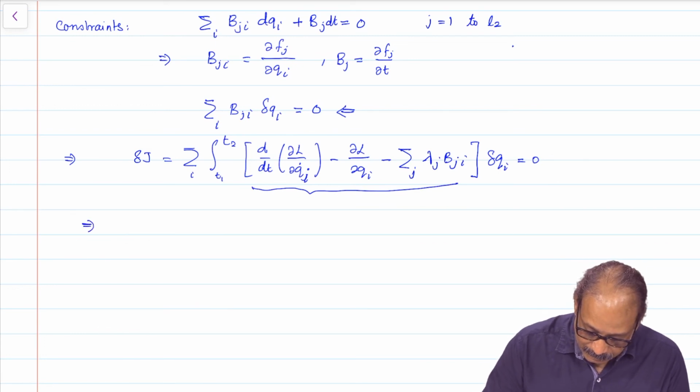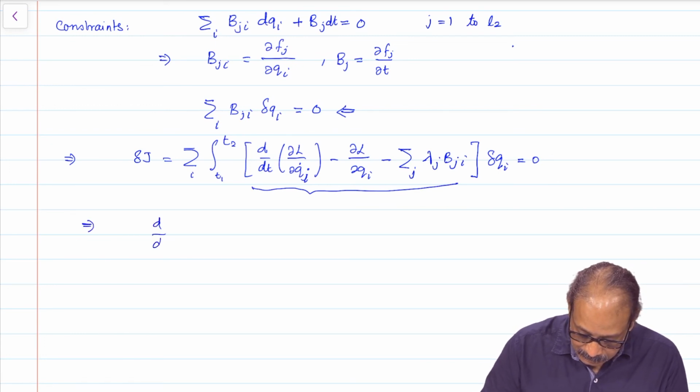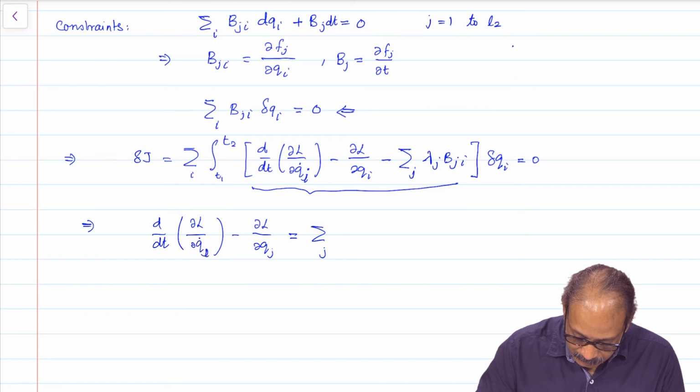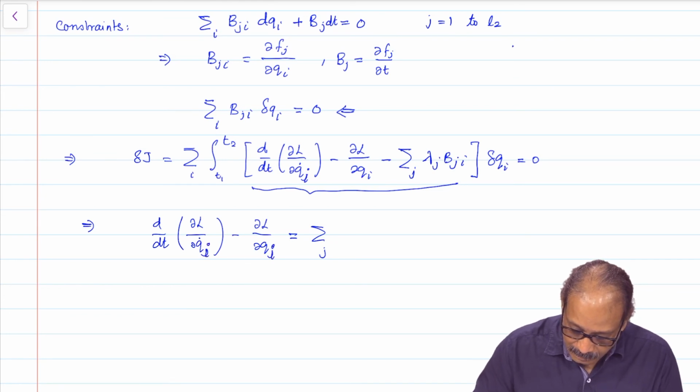This tells us that the Lagrange's equations in the presence of additional constraints would reduce to this: d/dt of partial L with respect to q i dot minus partial L with respect to qi must be equal to the sum over j, sorry, I made a mistake, so this is the sum over j of lambda j bji.